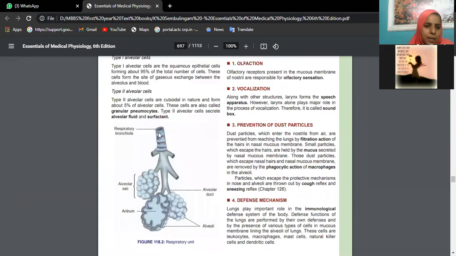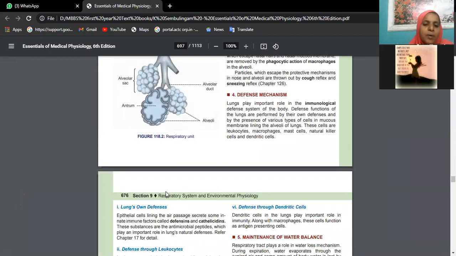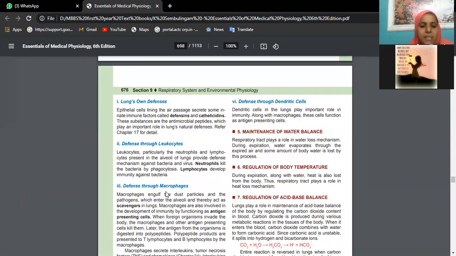Okay, so till the respiratory bronchiole, we have it is only conducting system. Okay, after that we have this atrium and this alveoli. These are the areas where we will find exchange of gases. So the part of the respiratory system which is concerned with exchange of gases is the respiratory part, and this is the transporting part. Okay, now we have a question which is called as a dead space.